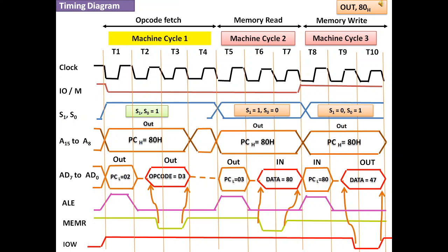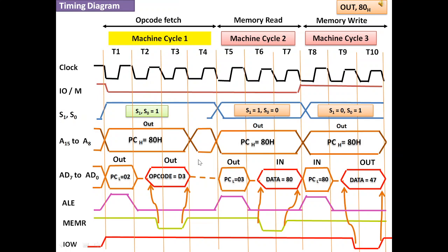The next cycle is completely dependent on the previous operational code. If the machine requires a memory read, then there will be a second machine cycle, or if the machine requires another machine cycle, then there may be a third machine cycle. It all depends on the operational code that was decoded inside the machine.